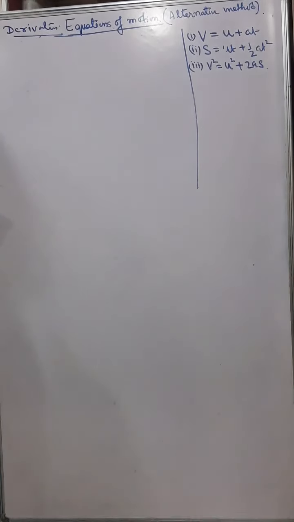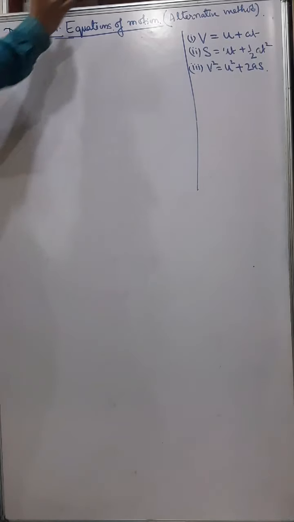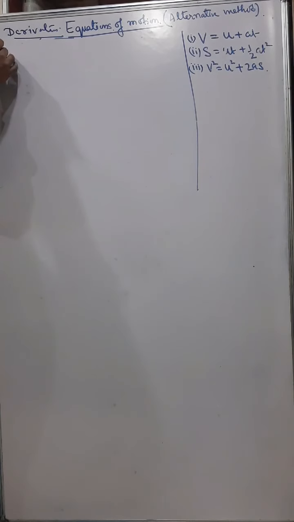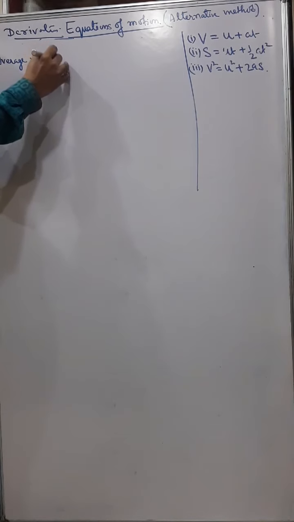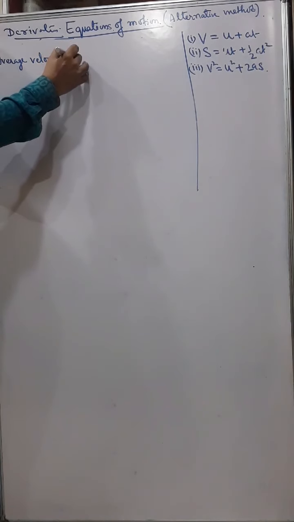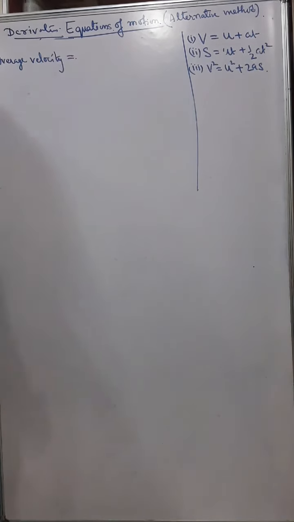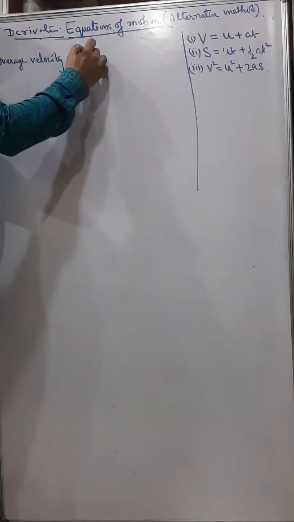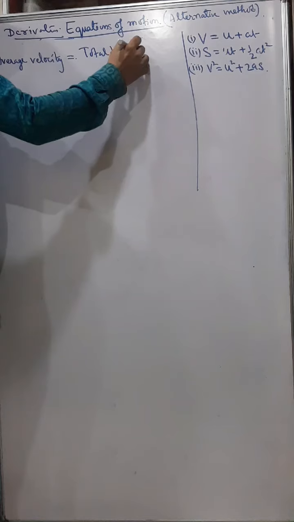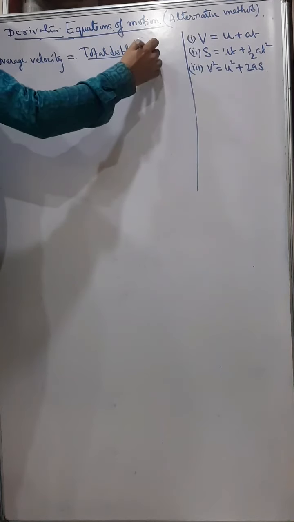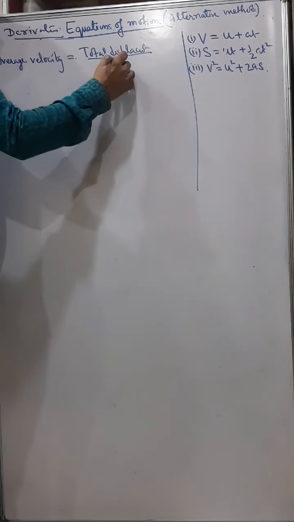Now for the second equation of motion, we can use average velocity. If you remember, average velocity is total displacement by total time.